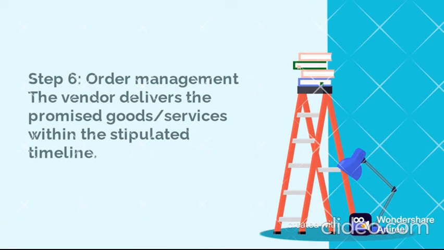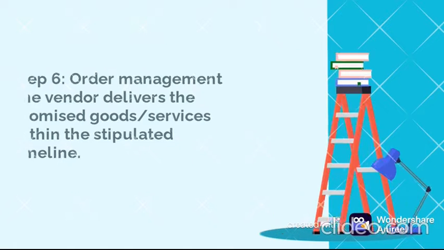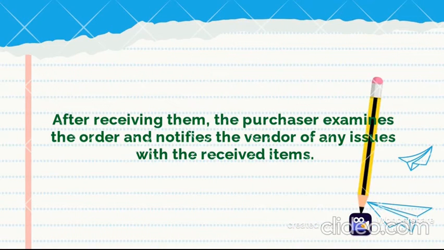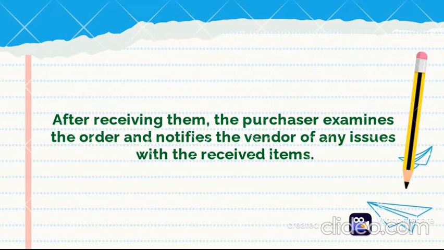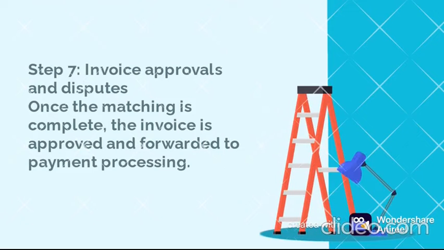Step 6. Order management. The vendor delivers the promised goods, services within the stipulated timeline. After receiving them, the purchaser examines the order and notifies the vendor of any issues with the received items. Step 7. Invoice approvals and disputes. Once the matching is complete, the invoice is approved and forwarded to payment processing.